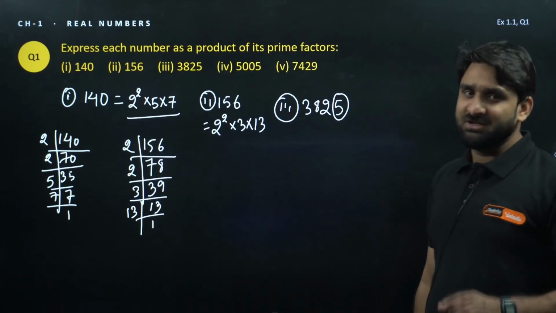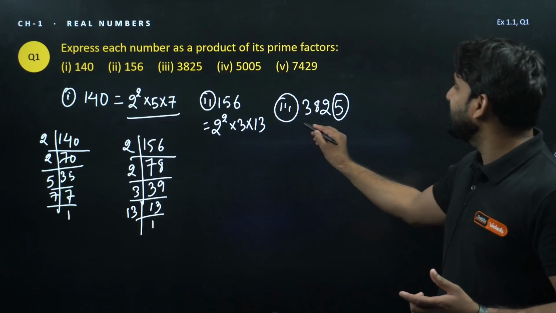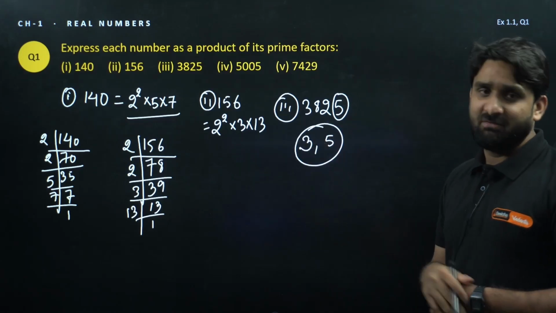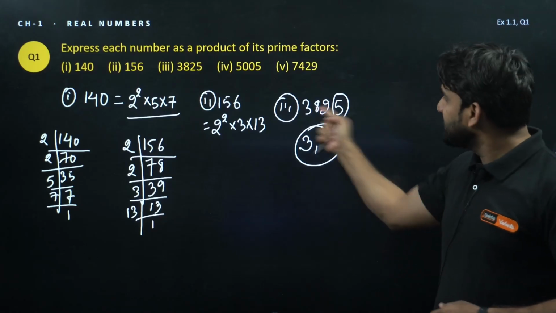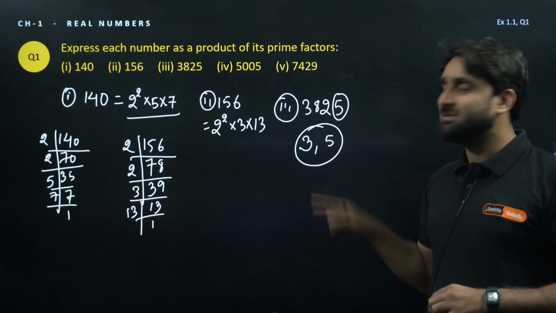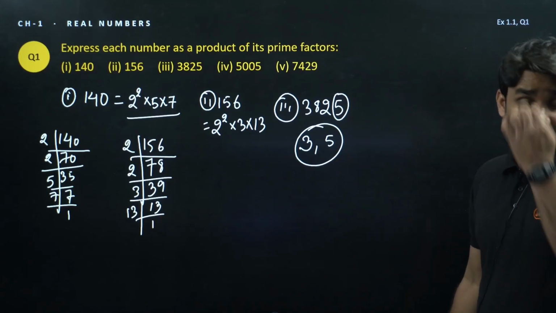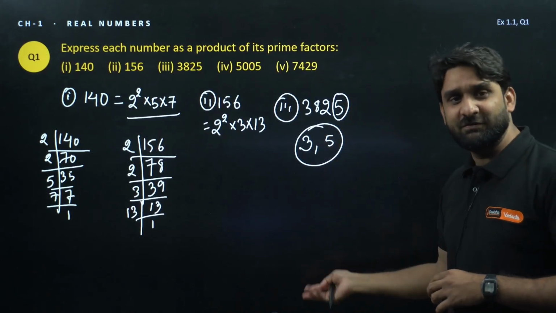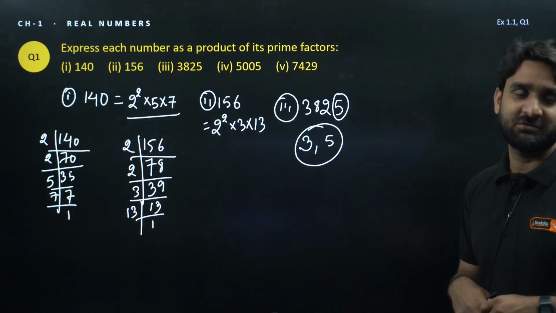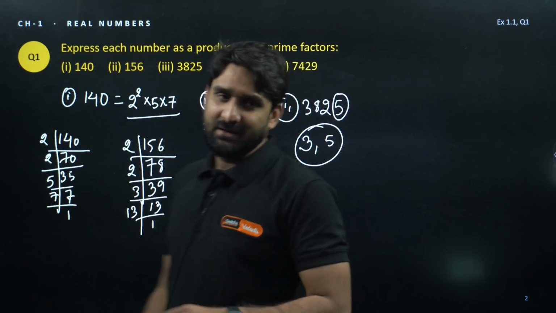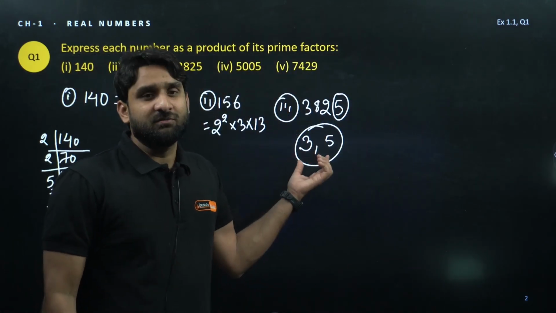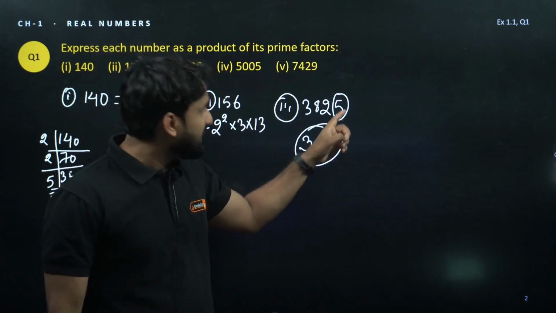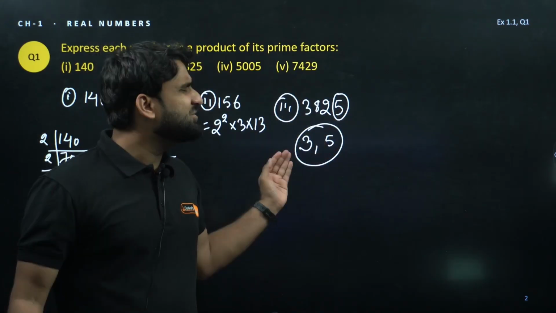If the last digit is 5, it indicates that this number can be divided by 5, or it can be divided by 3 also, because 3 fives are 15, so we get 5 at the unit place, and 5 threes are 15, so again we get 5 at the unit place. So there is a chance it divides by 15 also, because the last digit is 5. But let's check by these two numbers.